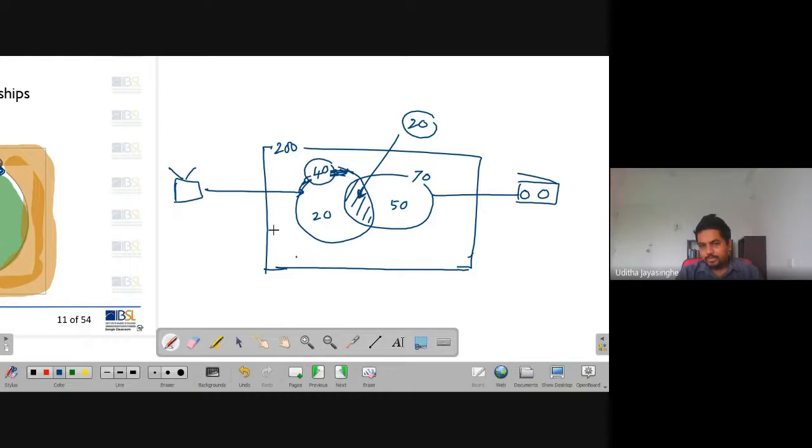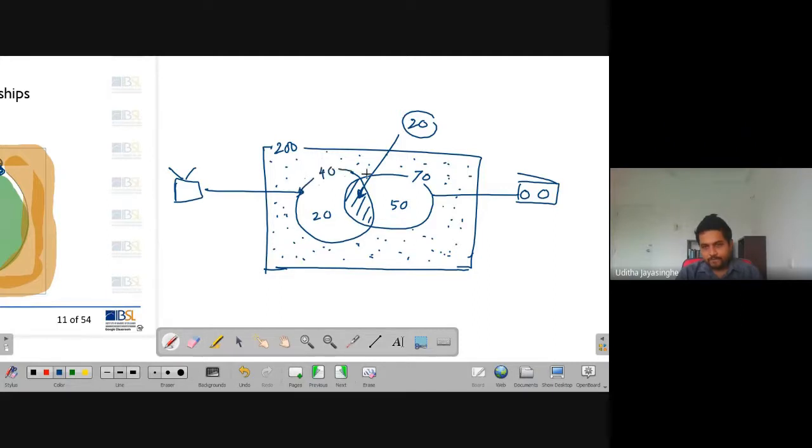What about this space? Can anyone think? How many? What's the number and how do you define that number? How do you calculate it? Simply by taking the addition.